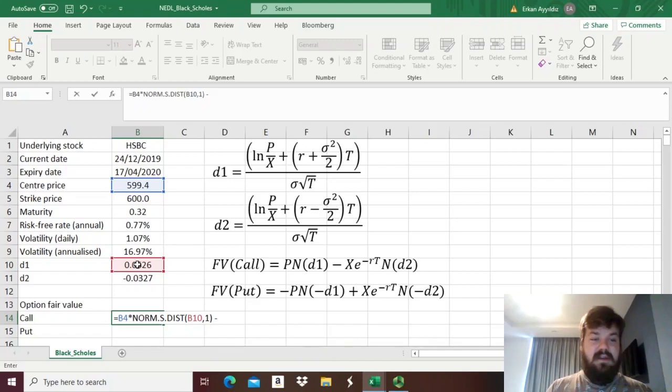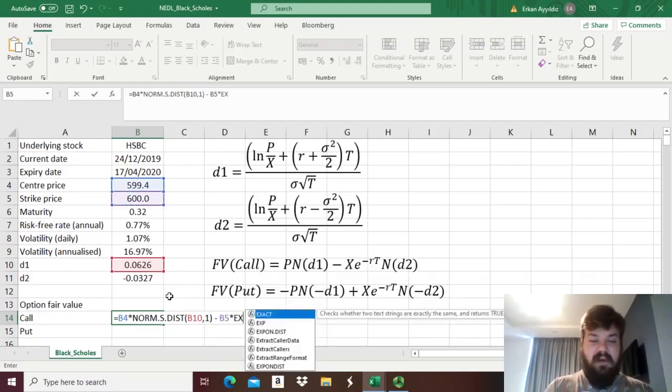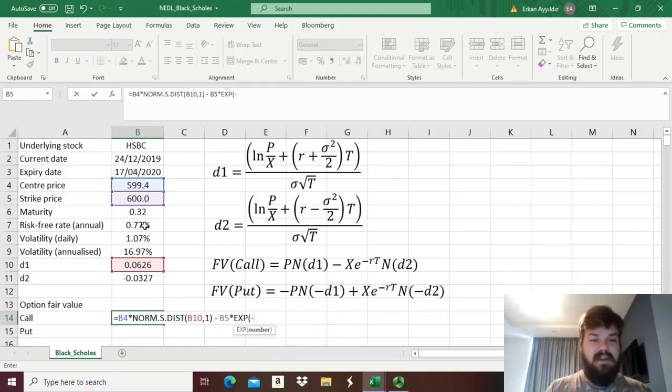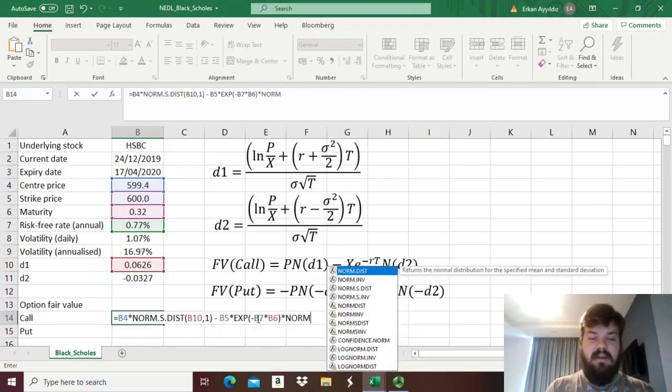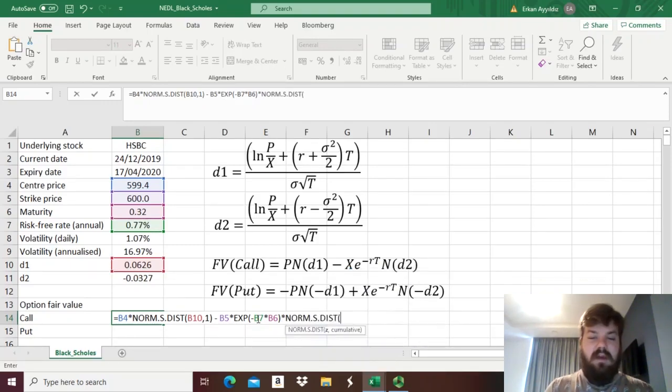And then we subtract the strike price times the exponent of minus risk-free rate times maturity. That is basically exponential discounting that allows you to immediately discount by any rate for any time period. And then we multiply by the standard normal distribution of D2. And again, we need it cumulative.